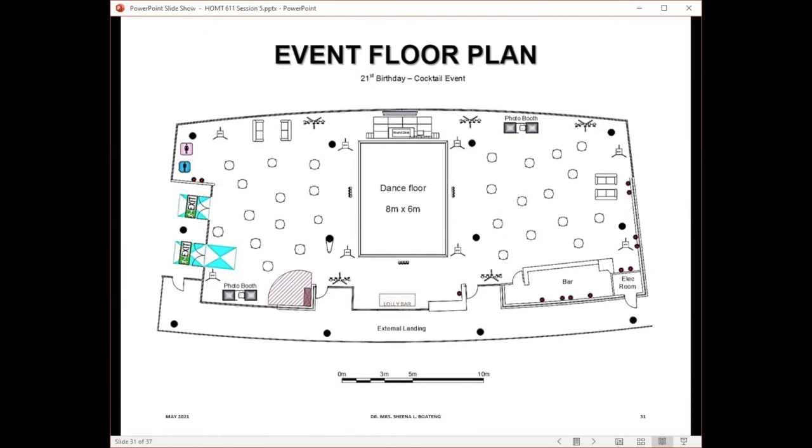Because at least the attendees can find the bar, the photo booth, the exit, and the washrooms. So they can still use it for some things. They can't interpret everything, but the necessary things they need to interpret to at least make their experience at the event a memorable one, they can find those.